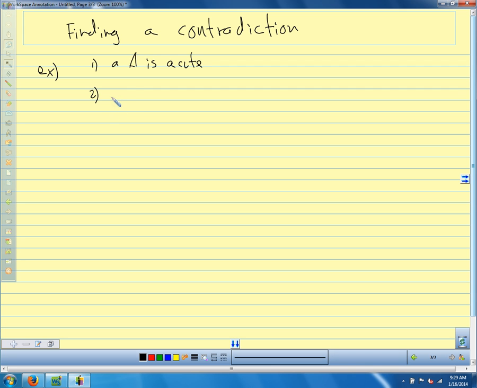Second one, a triangle is scalene. Do you remember what scalene means? No equal angles. None of the angles are the same. None are equal.